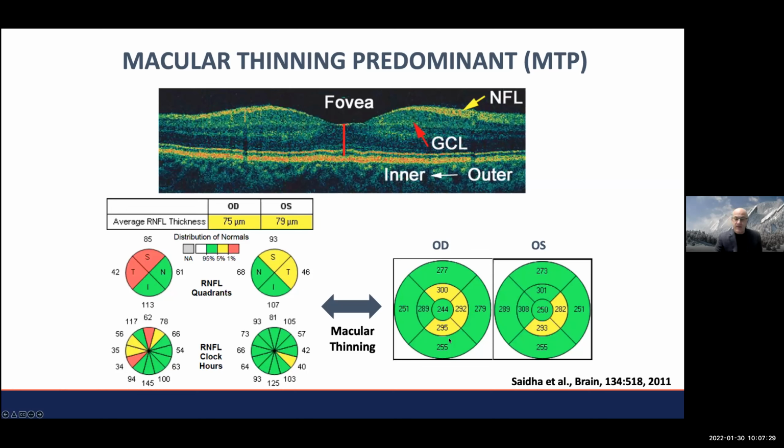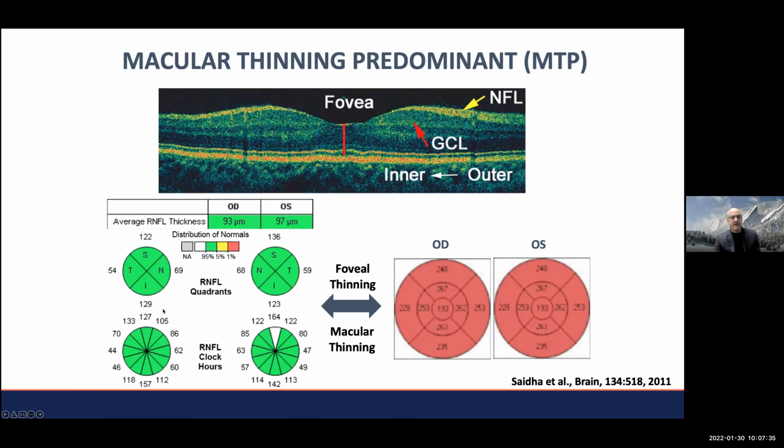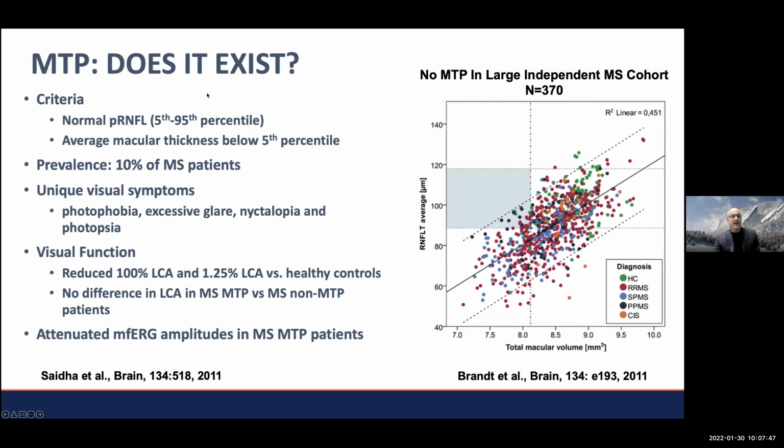But in a study by Seda and colleagues in Brain in 2011, they found a fraction of MS patients that had preserved retinal nerve fiber layer thickness but isolated macular thinning, a phenomenon they called macular thinning predominant, or MTP. These patients had a normal, above 95th percentile retinal nerve fiber layer thickness, but an average macular thickness below the 5th percentile.